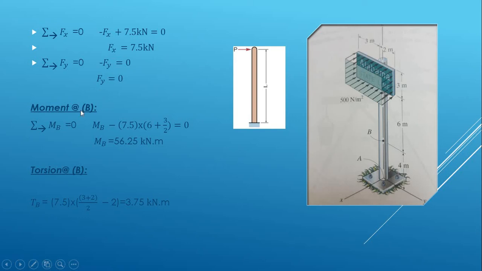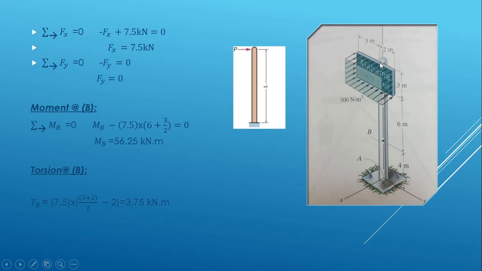Let's go for the moment at point P. The summation of moment at point P equals 0. Here we get the resistance moment in this direction, the opposite direction. Now we have the concentrated load at this point.